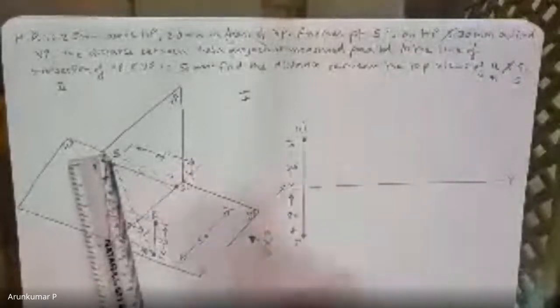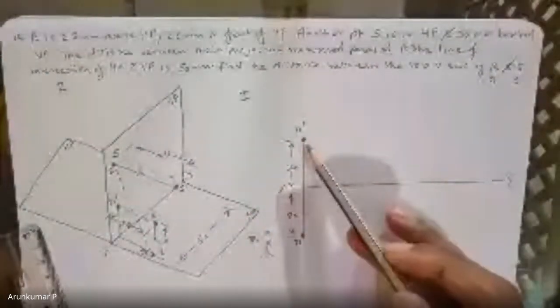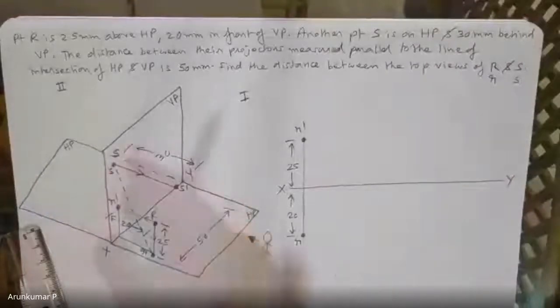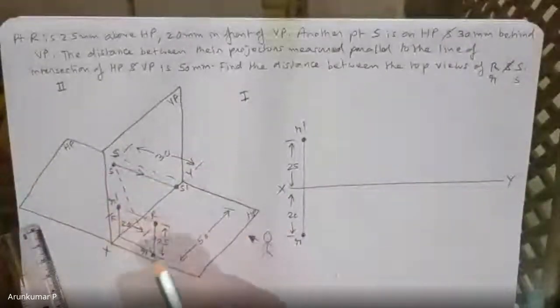So this is the front view of R, 25 mm above, and the top view of R, 20 mm below. I have drawn it to the left side, as you can see in the 3D.